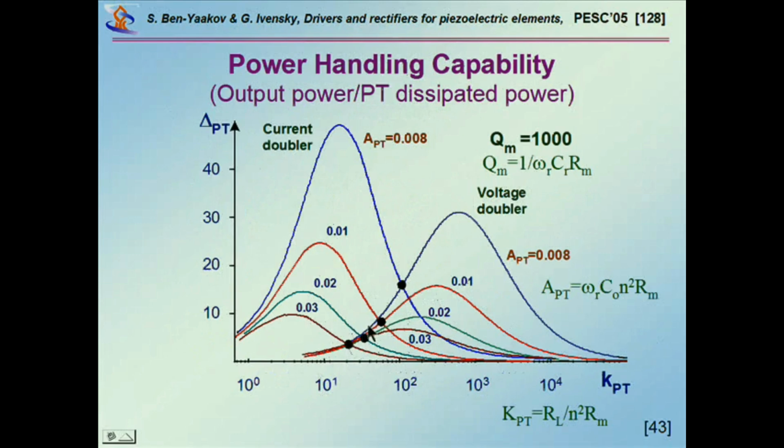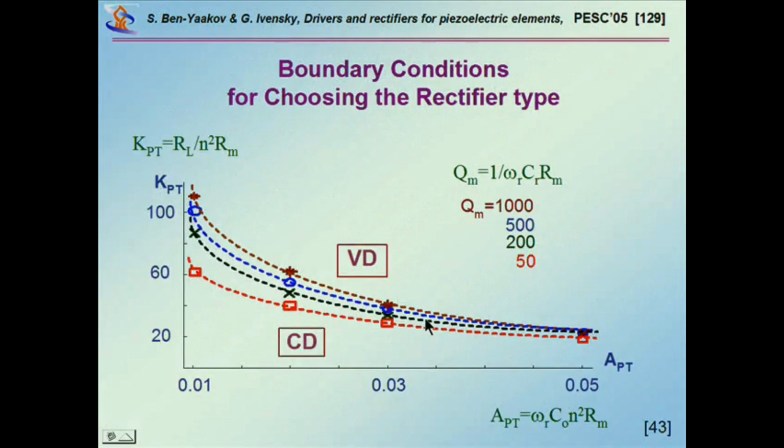So there is a fine line here. In all this region you'd like to work with the current doubler, and in all this region you'd like to work with the voltage doubler. And this is shown in this graph in a somewhat different way. This is the region where you'd like to work with the voltage doubler, and this is the region where you'd like to work with the current doubler. This is again for different transformers.